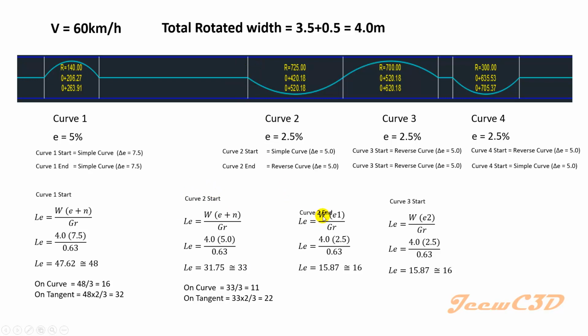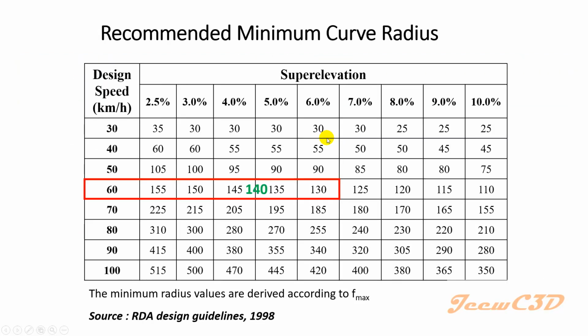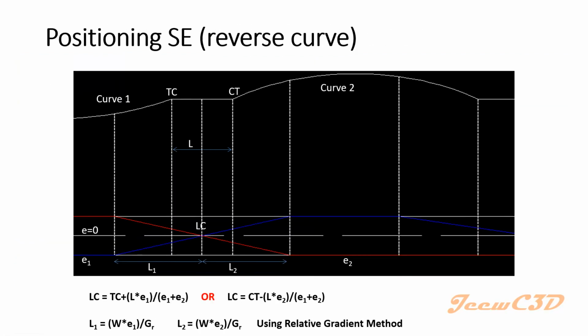Then the end of curve 2. When you consider the end of curve 2, this is a reverse curve. This curve is turning this side, the other curve is turning the other side. This is a reverse curve with a common tangent point. That means the tangent length is 0. There is no tangent at all. So if you can recall, that length would be L1 equals W E1 over GR for this side, and for this side L2 equals W E2 over GR.